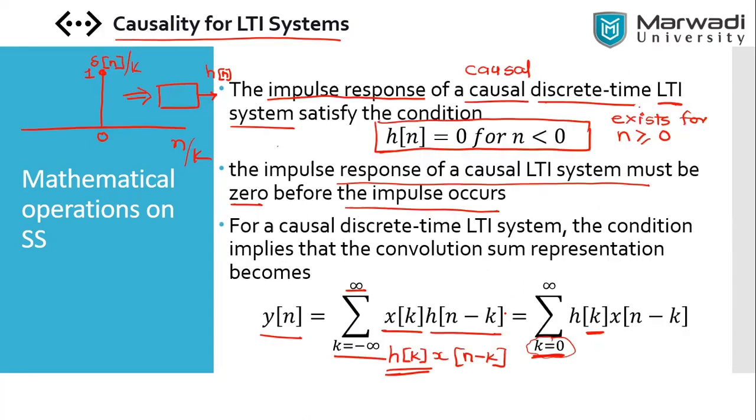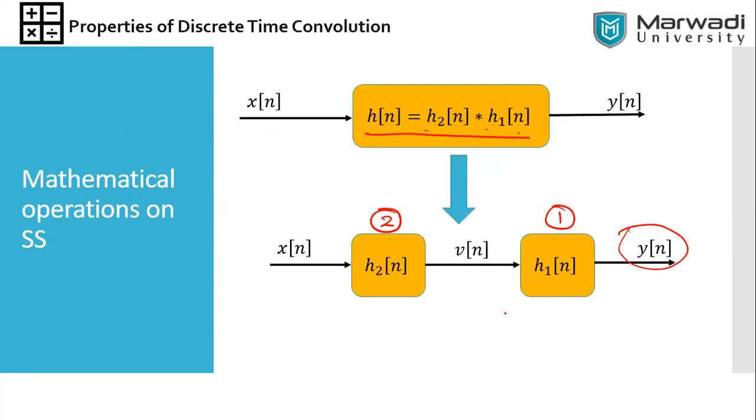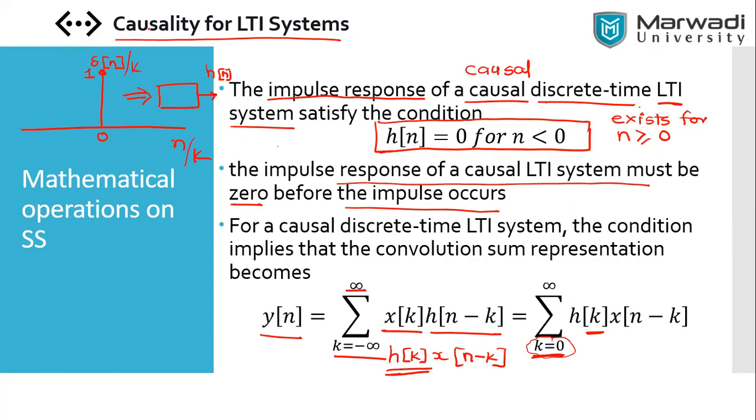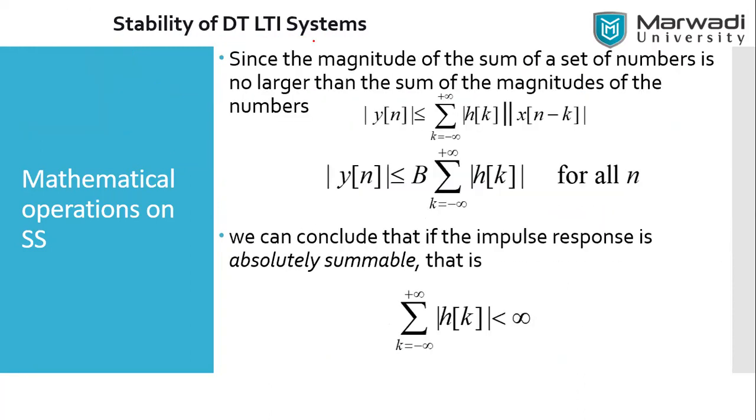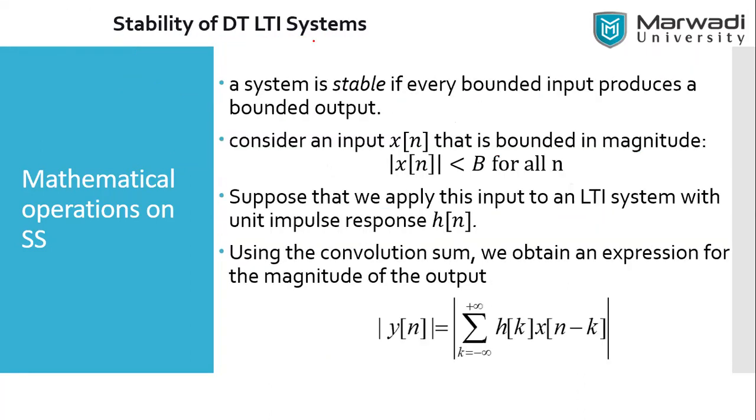Okay. So this was causality of the system. Fine. We were talking about causality for the LTI system. And now we are talking about stability of DT-LTI system. I think we have already studied the stability in unit number 1, so I will quickly revise it.